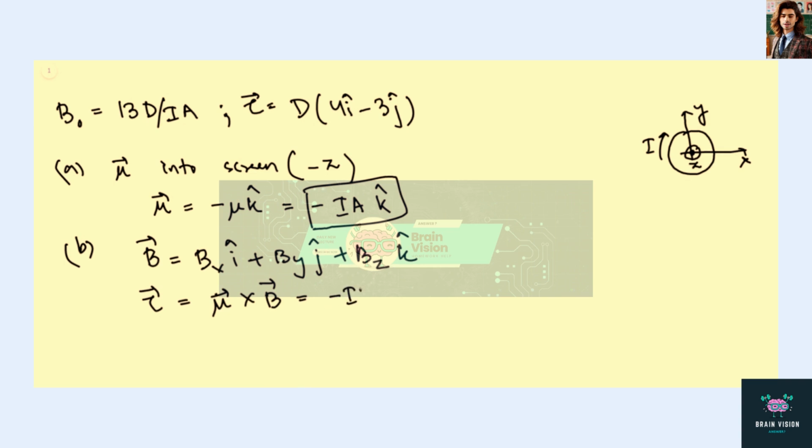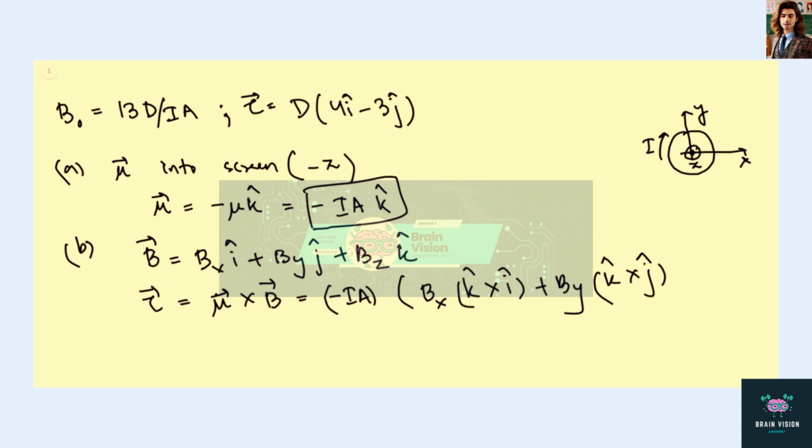So we have negative IA coming out because this is just a value, and we can write Bx k cap times cross product with i cap plus By k cap cross j cap, and the third term is basically 0, right?